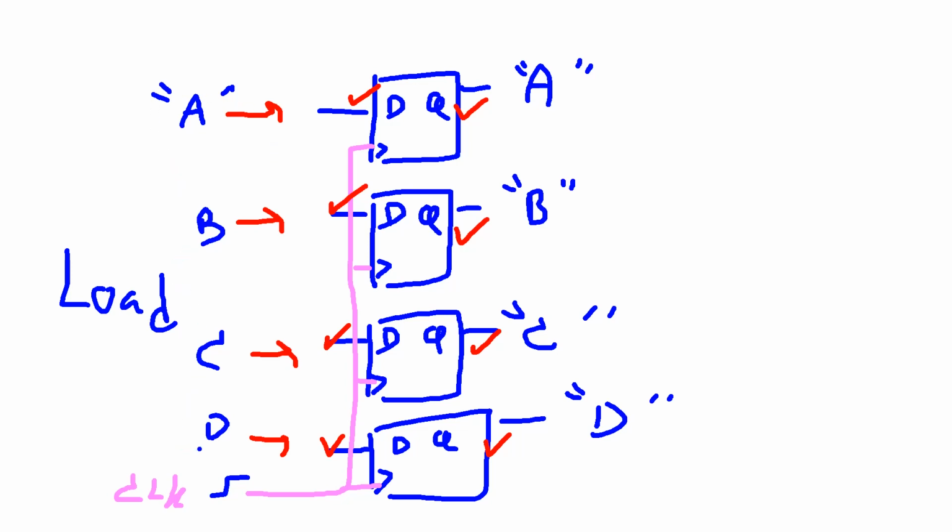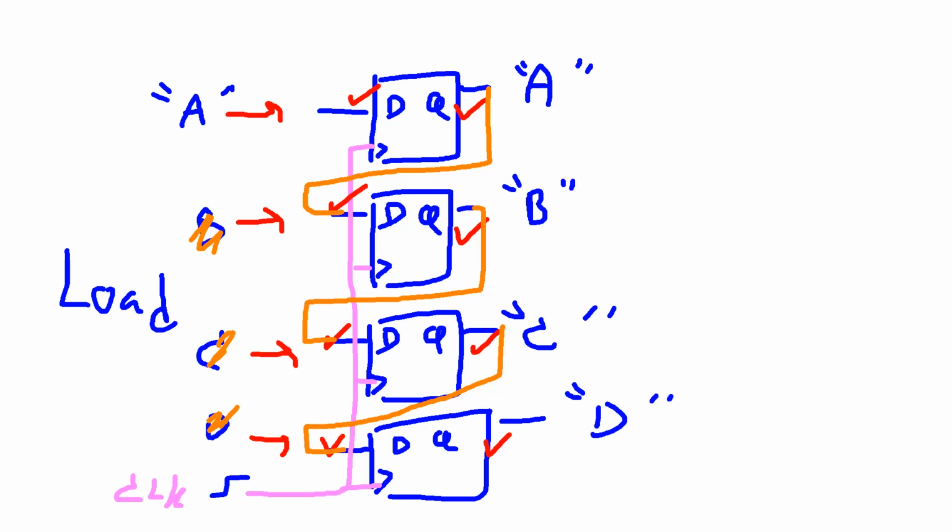Now what happens if I connect this output to the next input, and connect each output to the next input? And don't use these inputs.